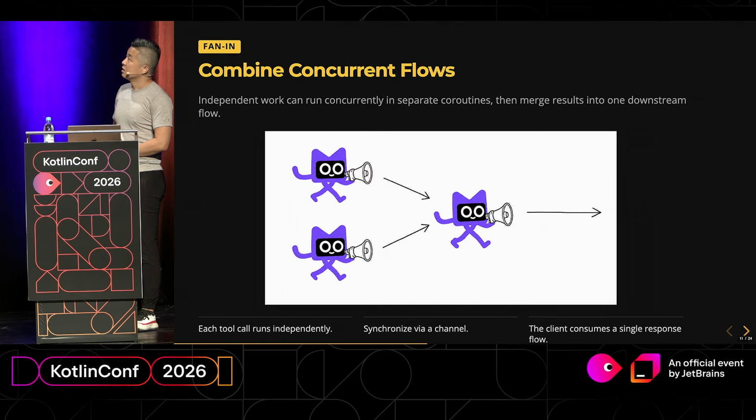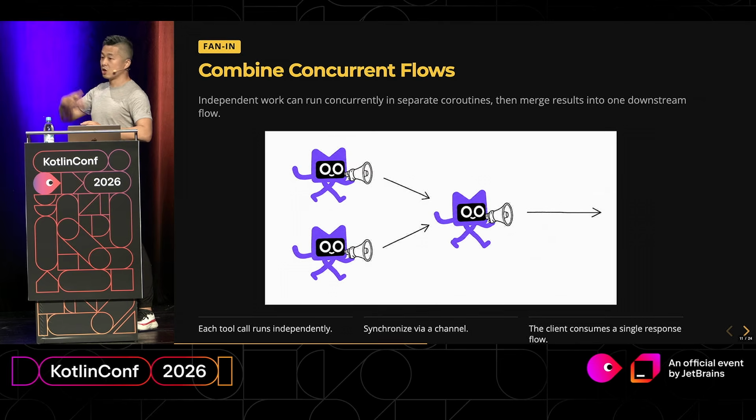That's fan-in. What fan-in means is we have multiple producers. Each producer will shout out some information, but eventually that information will be collected by one final stage producer, and that producer will produce the final results.